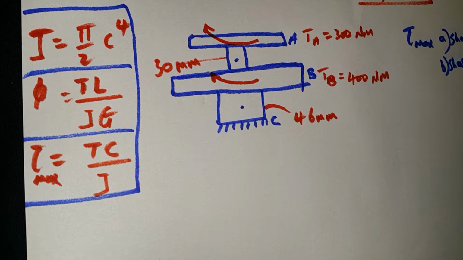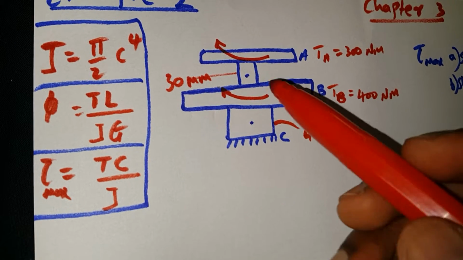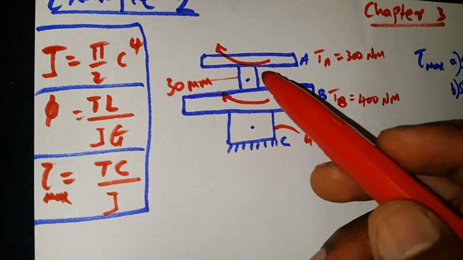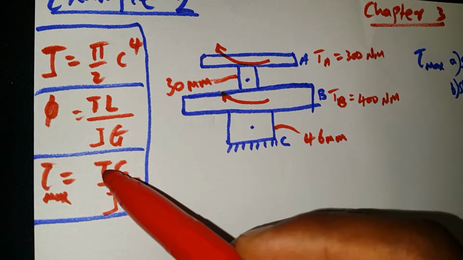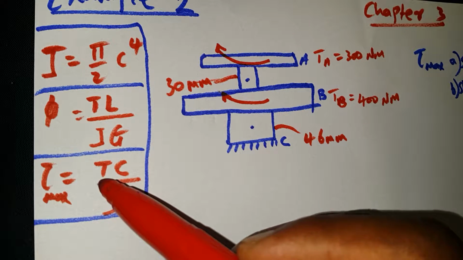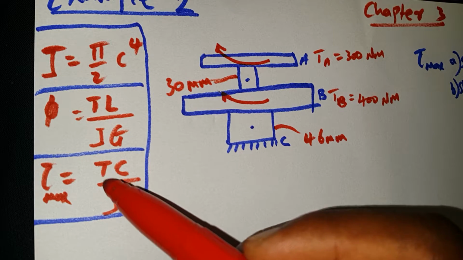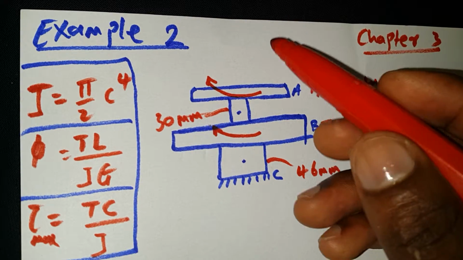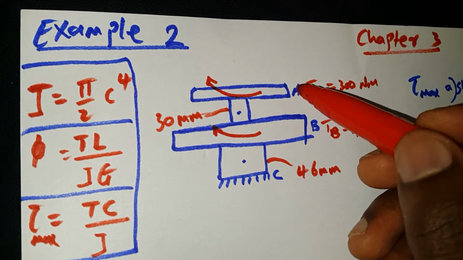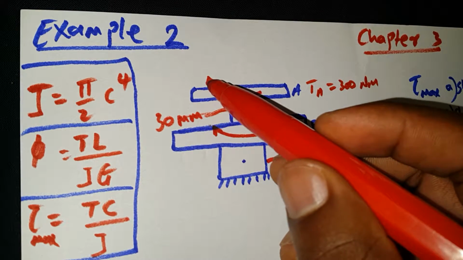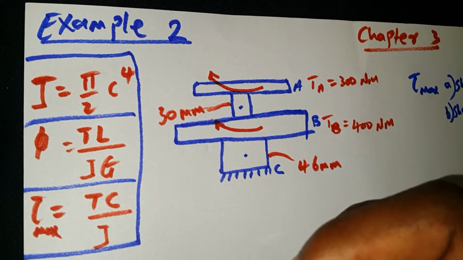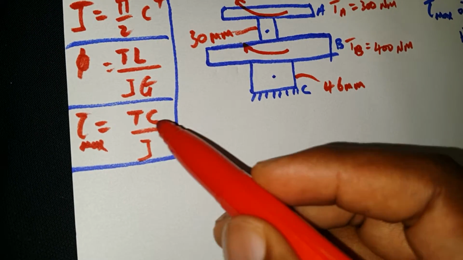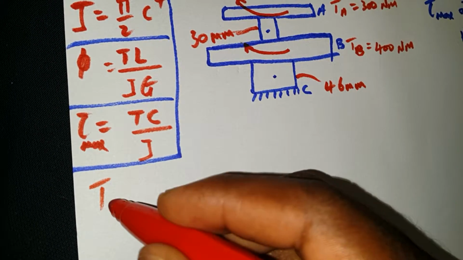I told you in chapter 2 that when you are solving an example and you are asked to find something, like the torsion, the force, or the deformation, the force should be the force of AB, not just the force. So here we are looking for the torsion, and the torsion here is TAB.